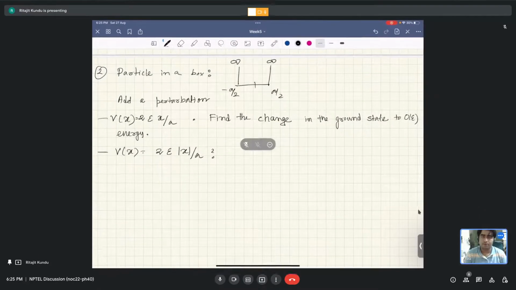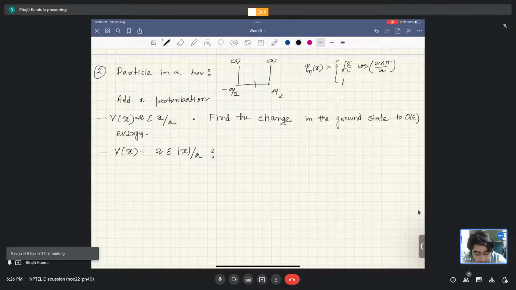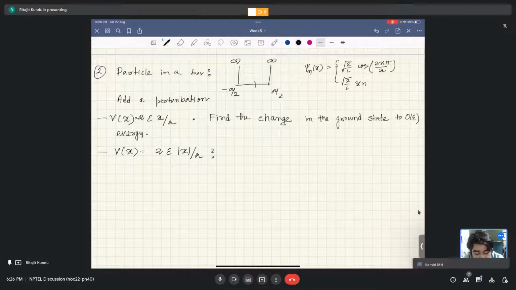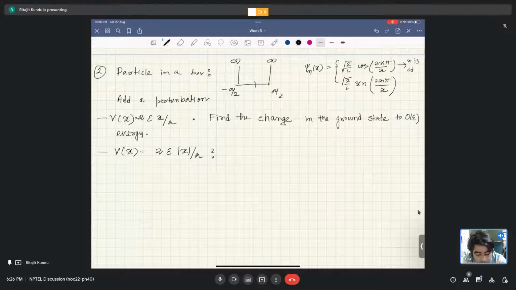Okay, so in a symmetric potential well, the solutions psi n of x depending on what your n is, are either cosine, so the square root of 2 by L times cosine of n pi x by L, when n is odd, or otherwise square root of 2 by L times sine of n pi x by L, when n is even.